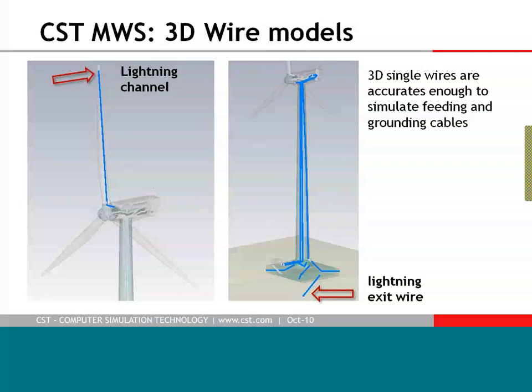So I consider that from here some ground lines are designed, and I have connected them to the ground as well. The wires are used to represent feedings and groundings and so on. At this stage I still don't want to characterize electronics or control cables, so this is a pure 3D electromagnetic field simulation.